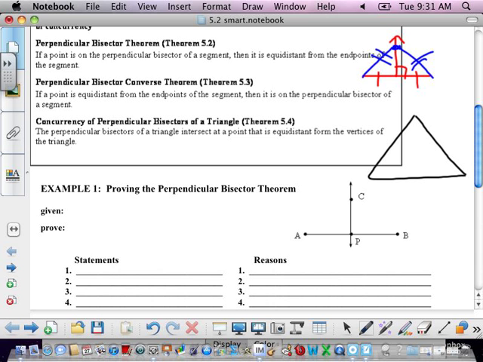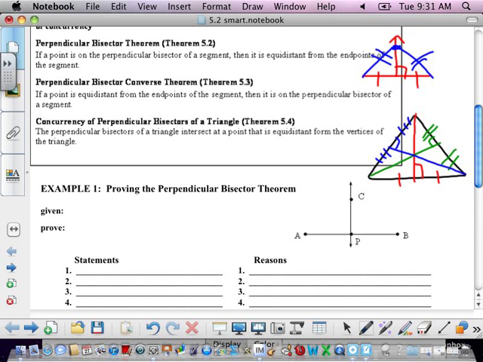But now we have to form the three perpendicular bisectors. So we've got one. It's perpendicular. Both of these sides are the same. We've got two. It's perpendicular, so both of these sides are the same. We've got three perpendicular bisectors, which means these sides are the same.